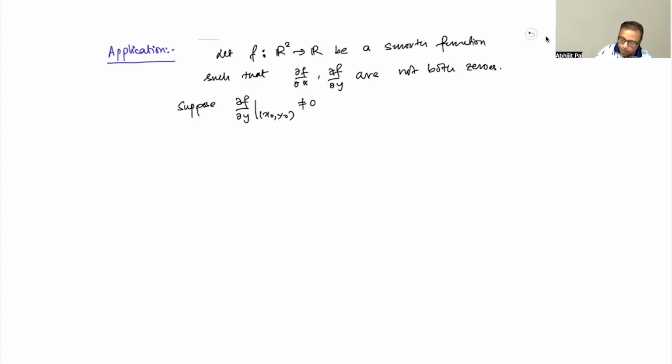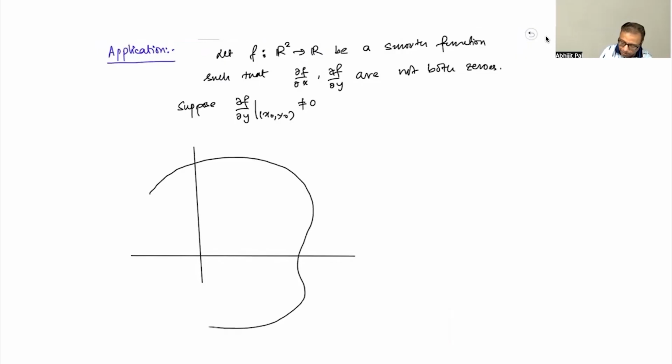Okay. So now let us take this plane, and suppose this is my curve. It is something like this.